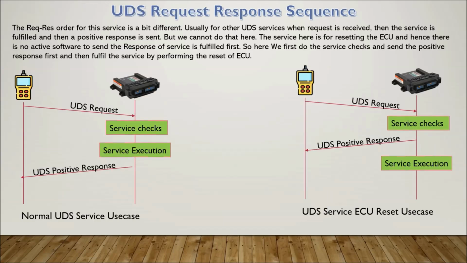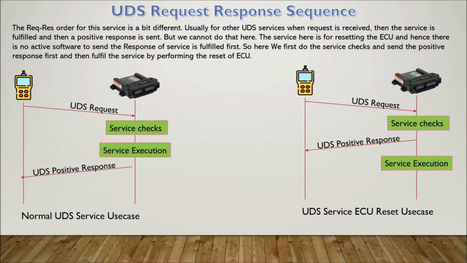Next, coming to the UDS request response sequences. The request response order for this service is a bit different. Usually for other UDS services, when a request is received, the service is fulfilled and then a positive response is sent. But we cannot do that here.